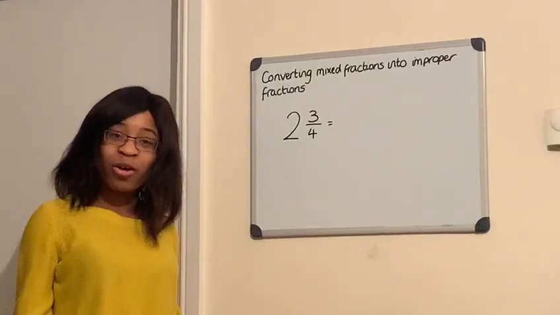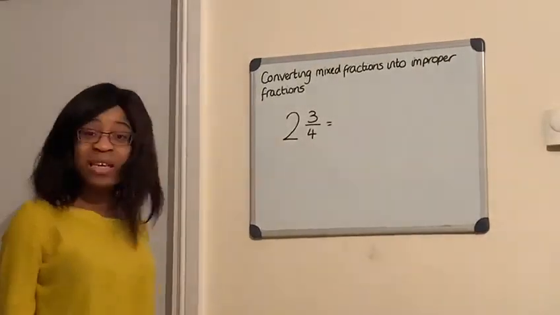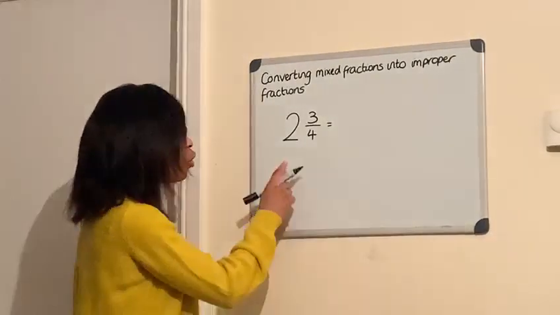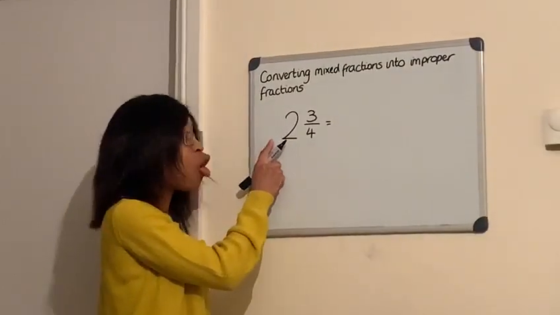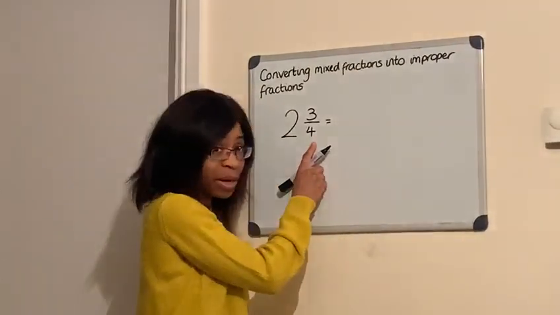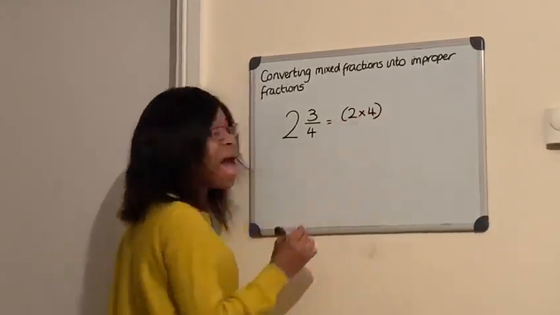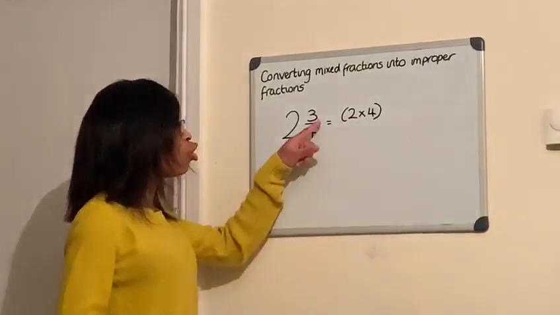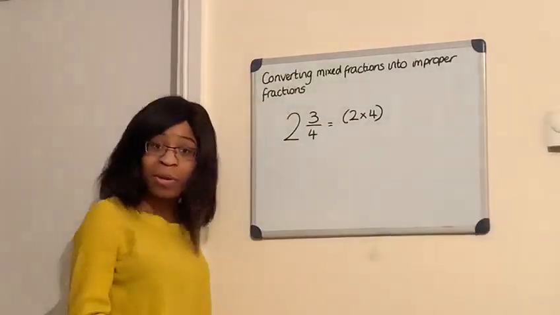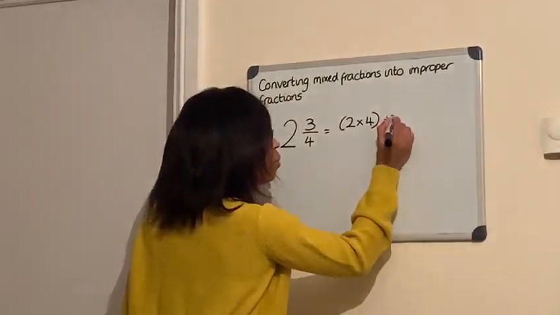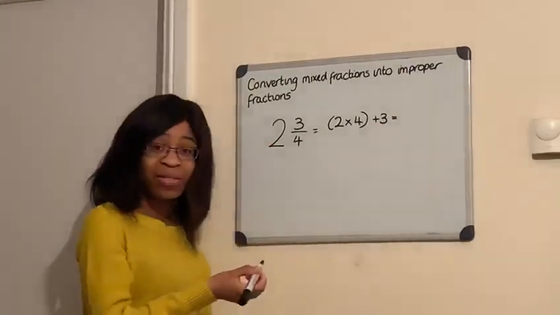Well done for giving it a go, that's really good. Let's see if you got the right answer. So again, you're multiplying your whole by the denominator. So you're doing 2 times 4, and then you're going to add on your numerator, or your top number in the fraction. That is 3. Now let's calculate that.